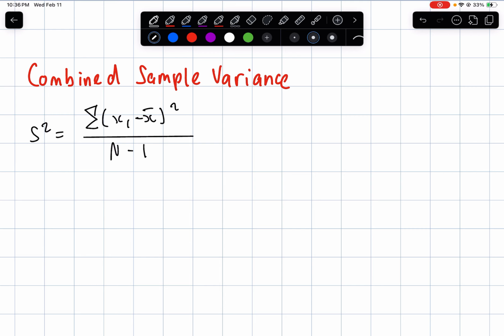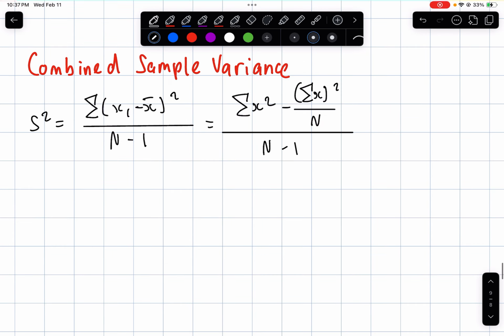But since these types of questions limit the information given, we're going to be using the computing formula, which is the sum of x squared minus the sum of x, squared, make sure you have the brackets, over n, and all that will be over n minus 1. Alright, so let's get into an example.